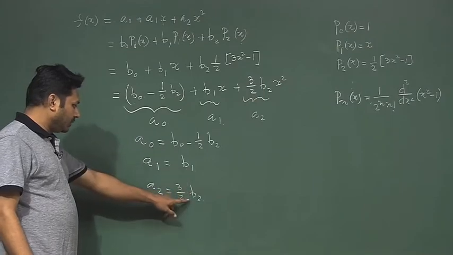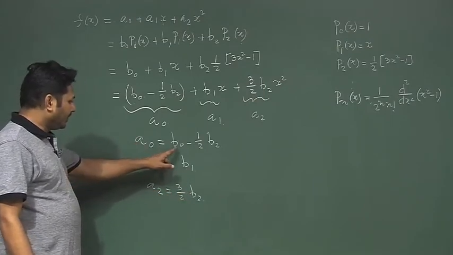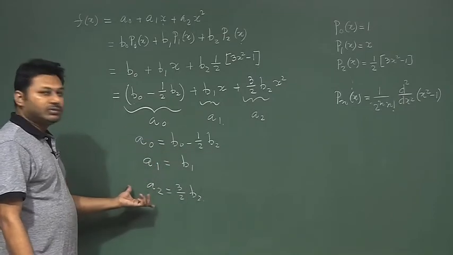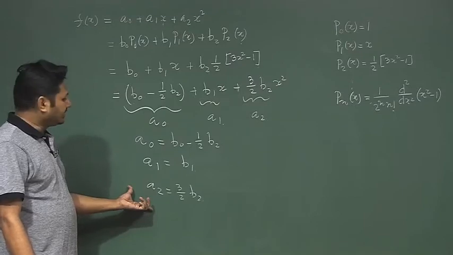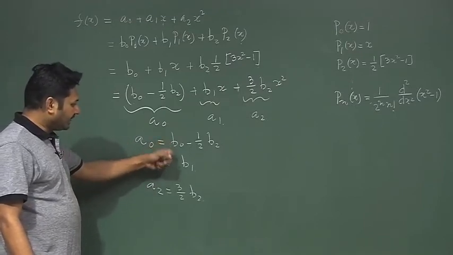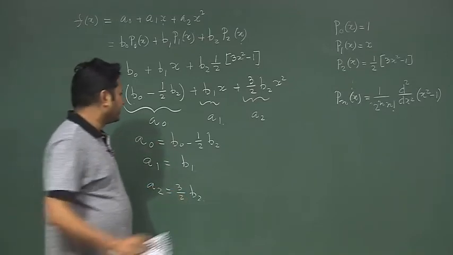When B1 and B2 are given to you, A0 is known to you. So, B0 you can find out, because now you know what is your B2, and you replace this and you can readily figure out the relationship between the coefficient of monomial basis and the coefficient of your Legendre polynomial basis. So, let us do a very simple problem.